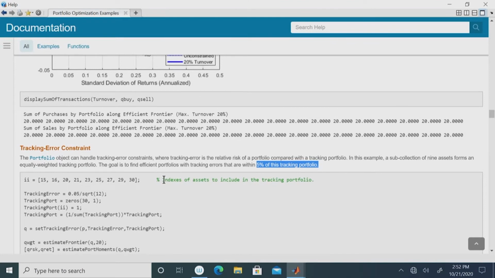In this case the tracking portfolio is collected as a sub-collection of 9 assets from an equally weighted portfolio. Accordingly, we identify the index of the assets that you want to include in the tracking portfolio. So, out of say 30 assets, you have identified that you will include those particular assets which are indexed 15, 16, 20, 21 all the way to 30.